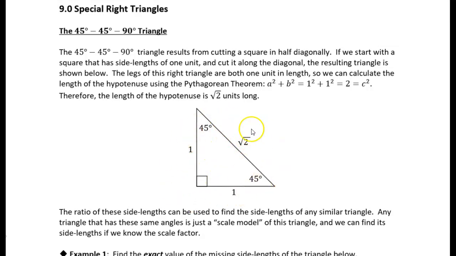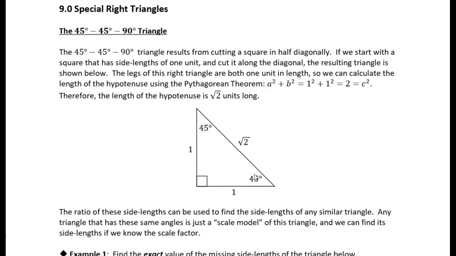So the ratio of these sides, this 1, 1, square root 2 ratio, is the same for all 45, 45, 90 triangles. Okay, isosceles right triangles. And basically, to get any other isosceles right triangle, we just scale it up or down.